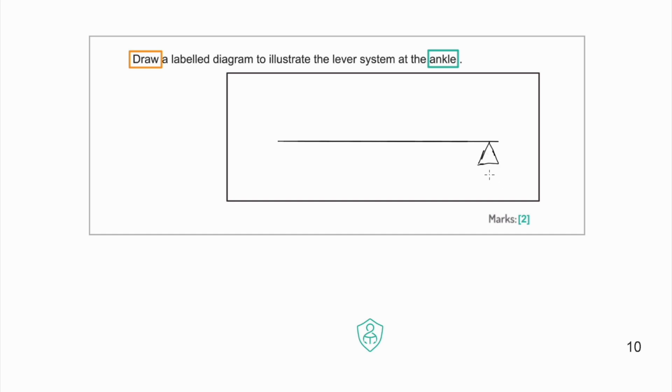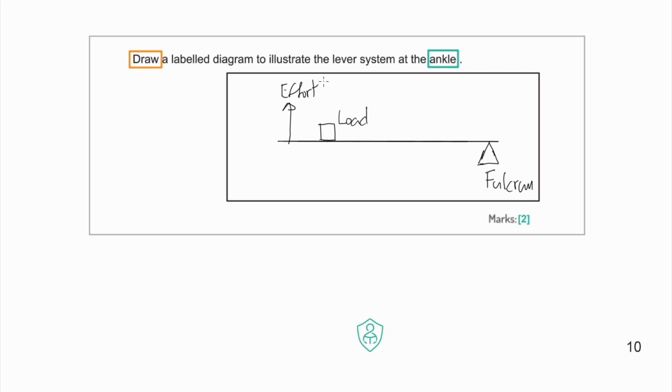You could put your F in there, but I'll just put it underneath. There's my fulcrum. In fact, I just want to be sure, so I'll write the whole word in there. Now I know that the load here is in this position, so this is my load, and in this case that's the body weight of the jumper, and here is going to be my effort, and I would draw it in this way.